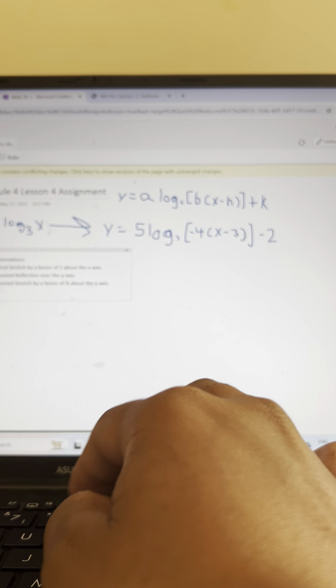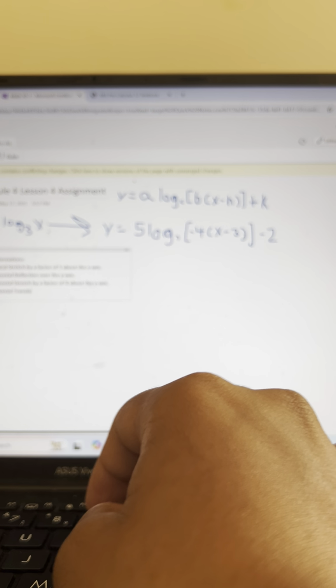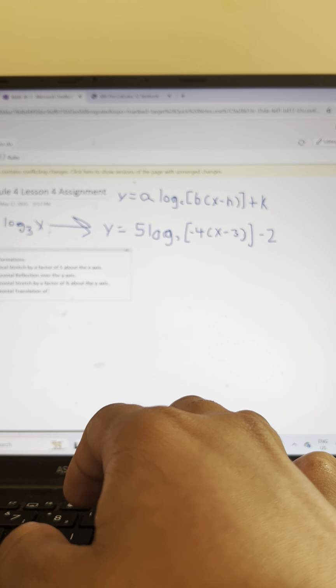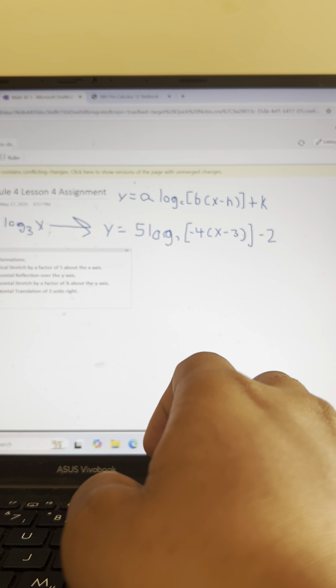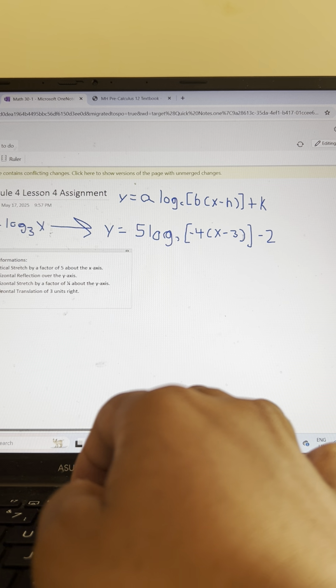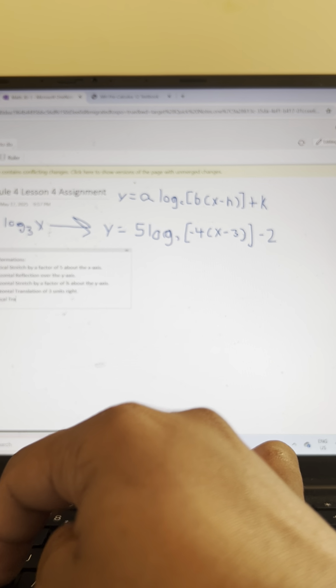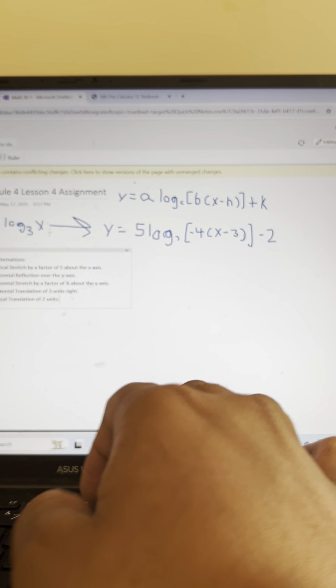So a horizontal translation of 3 units right. Finally, we have our -2 right here. So that's going to be a vertical translation of 2 units down.